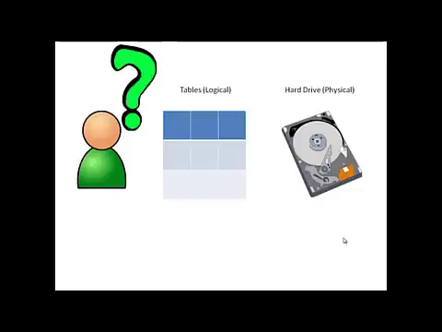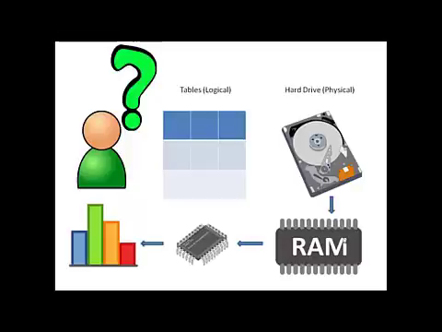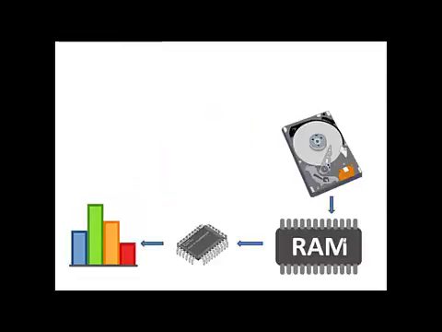So if a user has an informational query, the data has to be retrieved from the hard drive or physical storage to RAM or memory, and loaded into processor cache, and then be presented in the form of a formatted report.